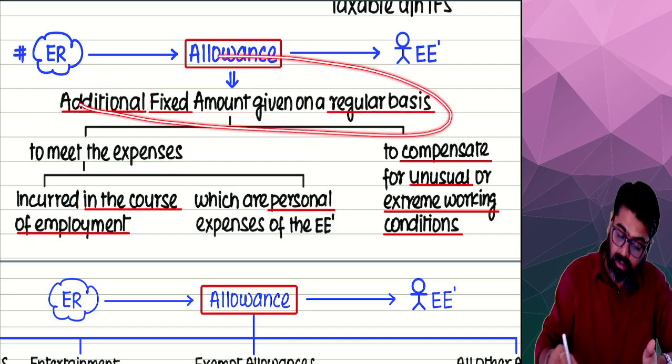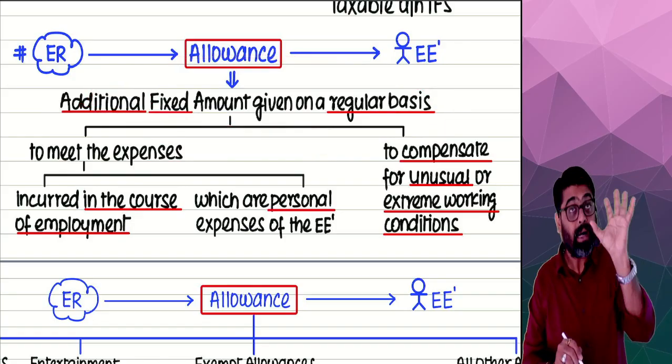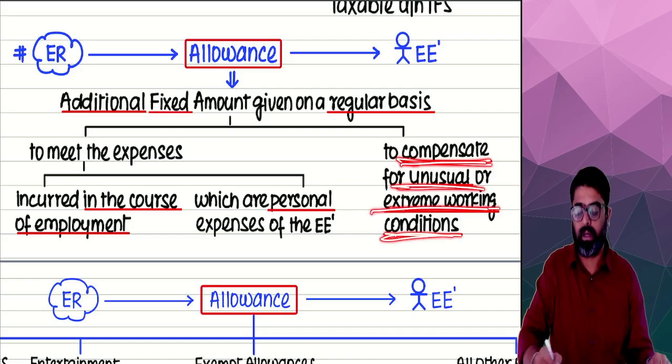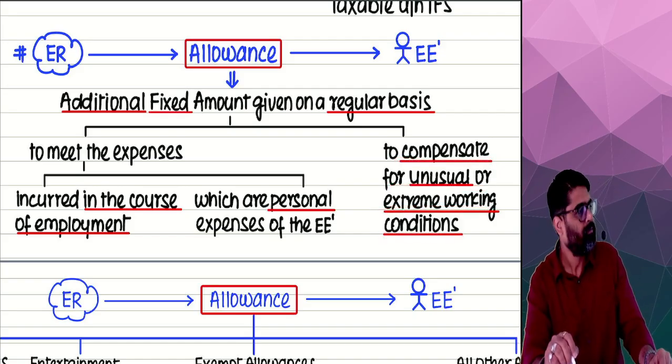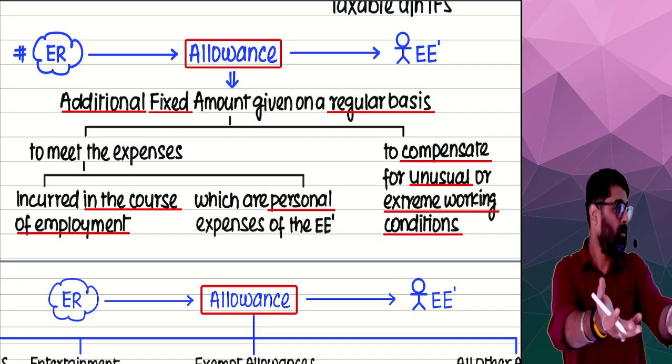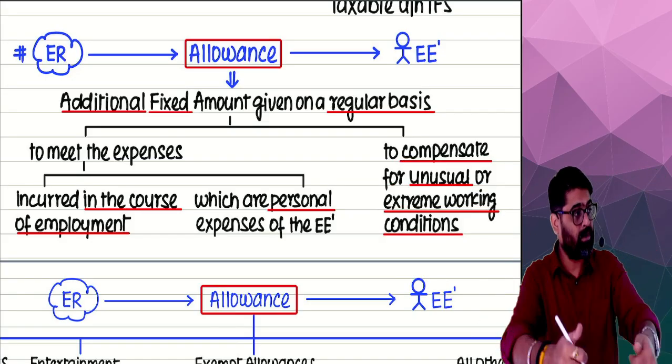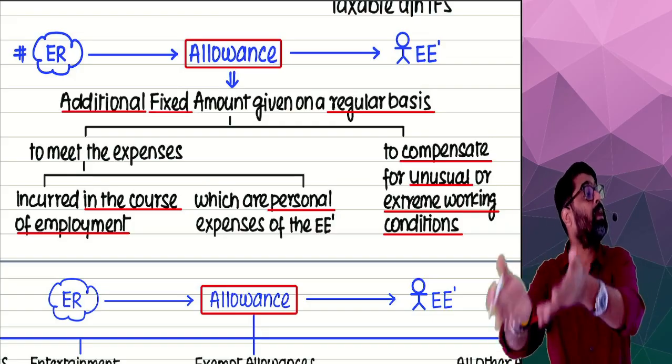Or this fixed amount on a regular basis, allowance, can be given as a compensation for unusual or extreme working conditions, to motivate you: please work in that unusual situation, work in that extreme working condition.